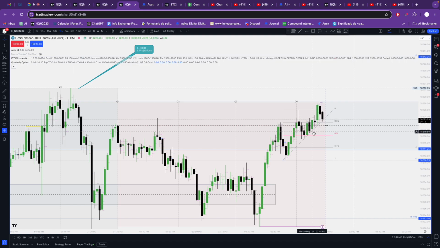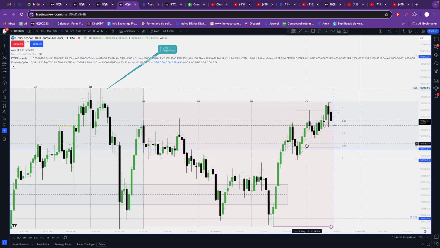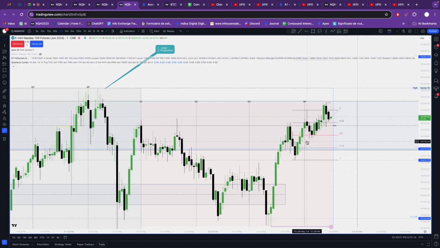I don't know, but given that we are at the high of this hourly fair value gap, which we have been wicking inside of, this doesn't show strength. So correlating the two ideas together, it can justify why we're not getting displacement over these highs. So we'll see.